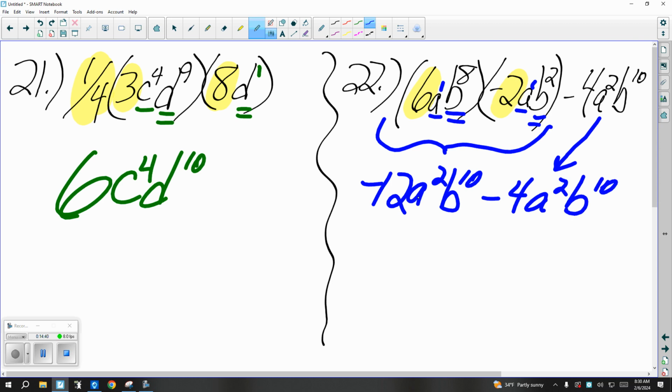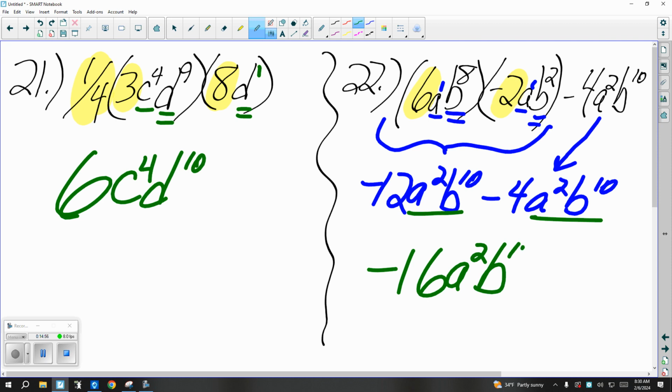They match. This matches that. So then all you have to do is just subtract and get -16 a to the 2nd b to the 10th. And that's it. That's number 22. And that one is a little tricky.